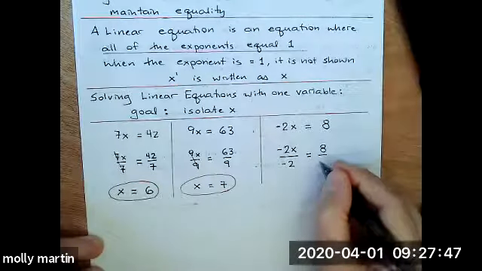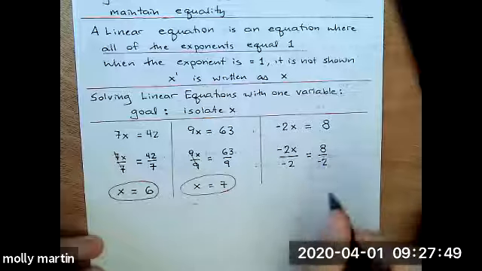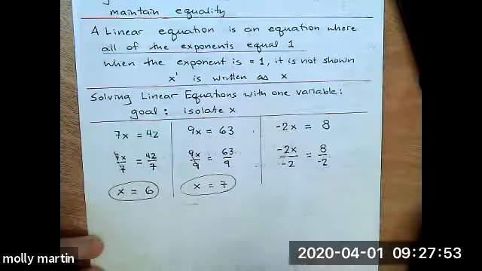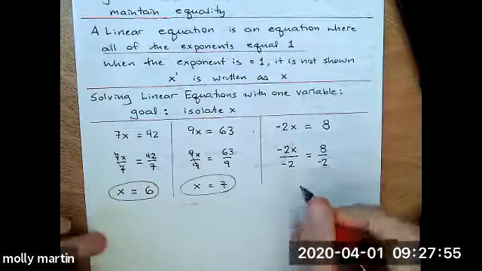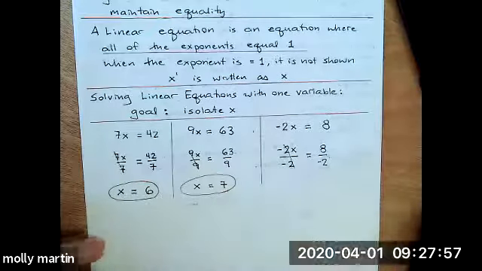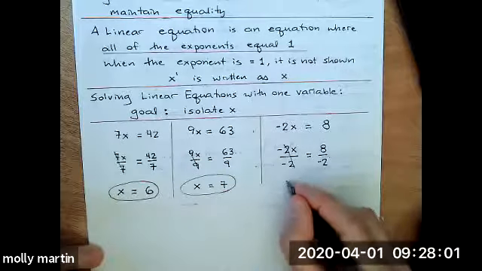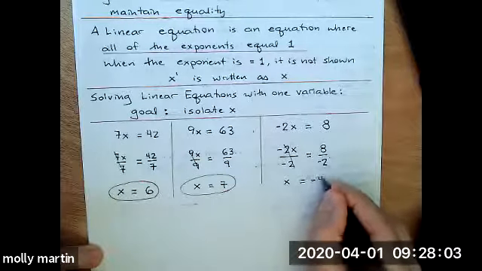So in order to get x by itself, you divide by the coefficient, even if it's negative. -2 divided by -2 equals 1. 8 divided by -2 is -4.